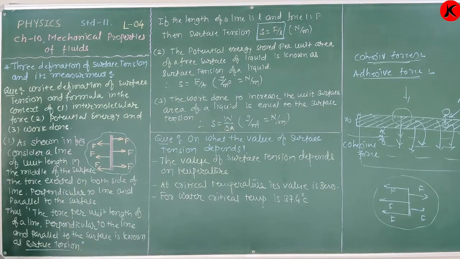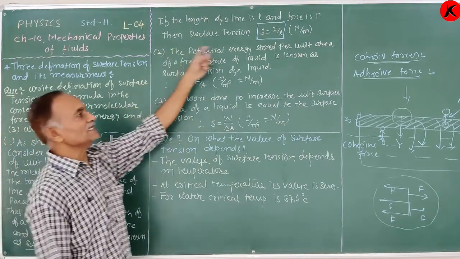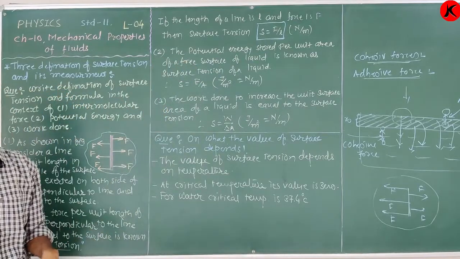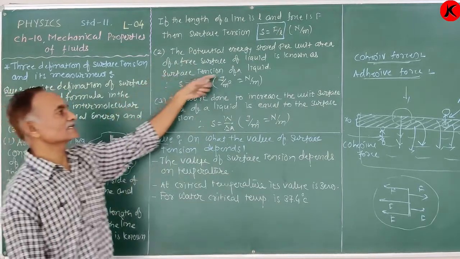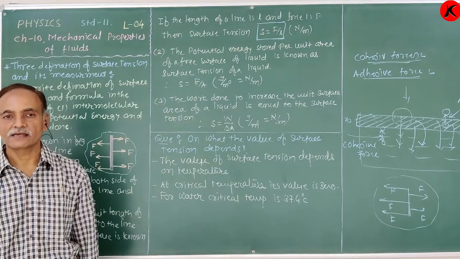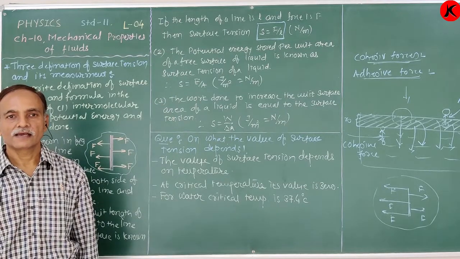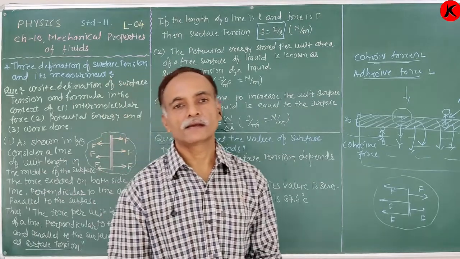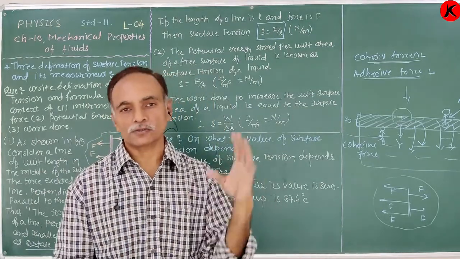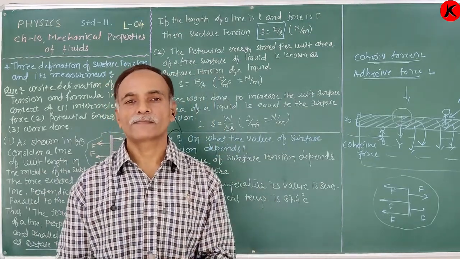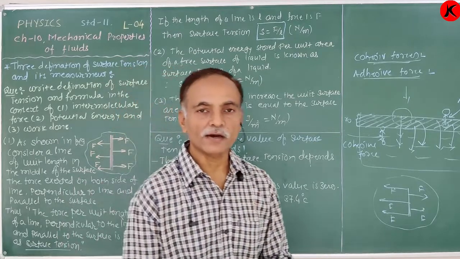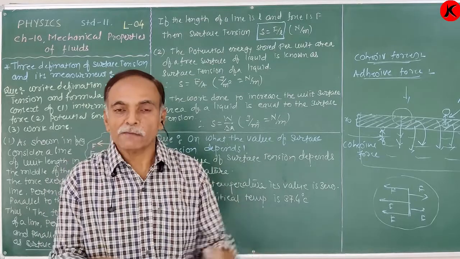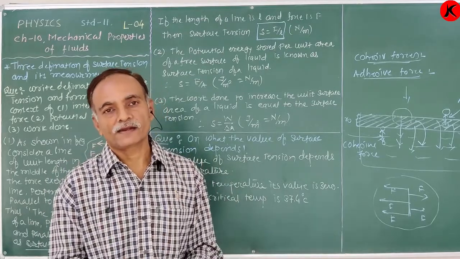Now the second definition. The potential energy stored per unit area of a free surface of a liquid is known as the surface tension of a liquid. We discussed that just now. As we apply force on the U-shaped frame made from wire, on wire PQ, the area of the thin film of soap is expanded.